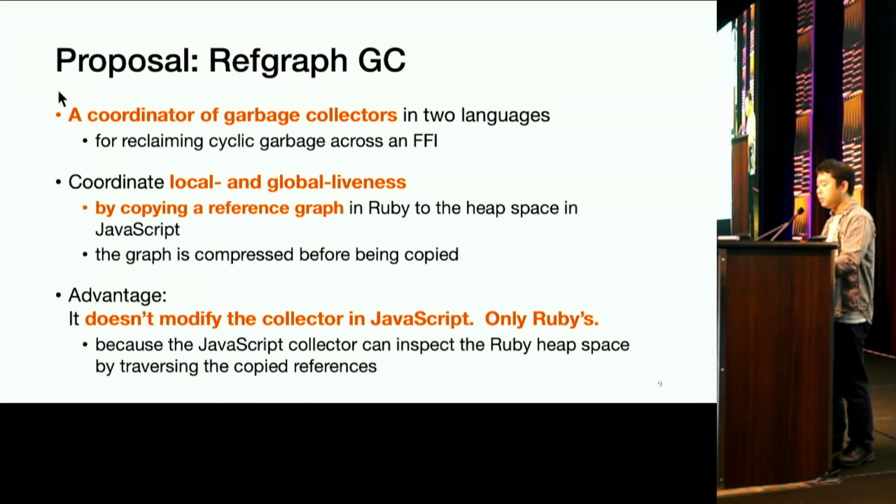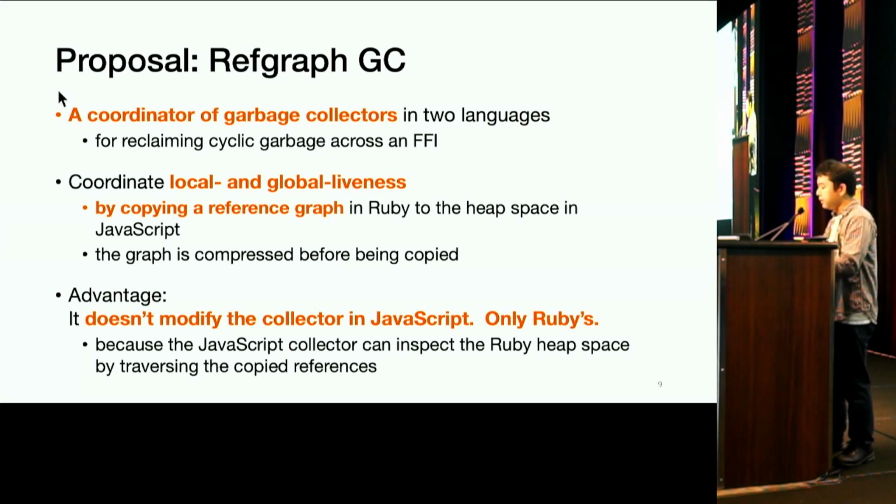So this is our proposal. Our proposal is Refgraph GC. It is a coordinator of garbage collectors in two languages for reclaiming cyclic garbage across a foreign function interface. It coordinates local and global liveness by copying a reference graph in Ruby to the heap space in JavaScript.